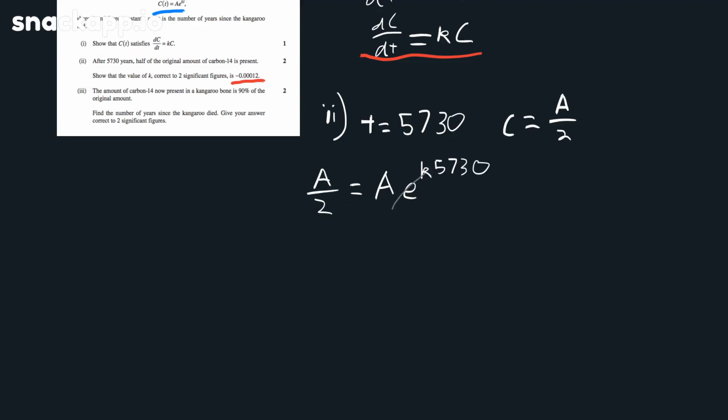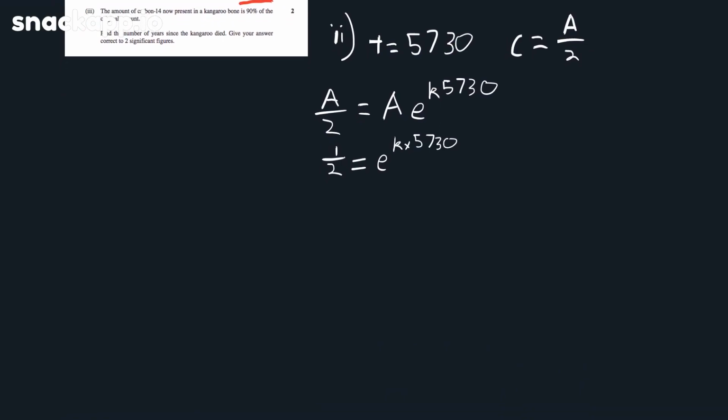We do have two unknowns, but I can tell you now these are just going to cancel, because they're multiplied on both sides. So if we divide both sides by A, we just get a half is equal to e to the k times 5,730. Now if we take the logs of both sides, I'm just going to use the natural log, the exponential is going to disappear.